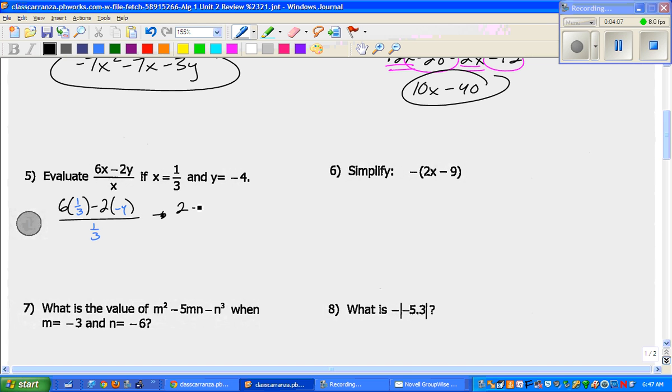Negative 2 times negative 4 is a positive 8, all divided by 1/3. 2 plus 8 gives us 10, and this is saying 10 divided by 1/3. Now, when you are dividing fractions, you can multiply by the reciprocal, and then we get our answer. Let's make sure that looks like 30.